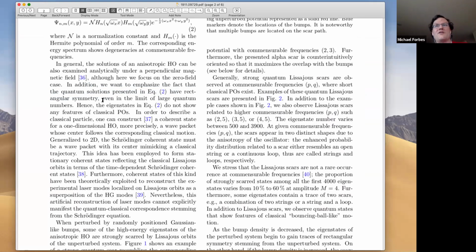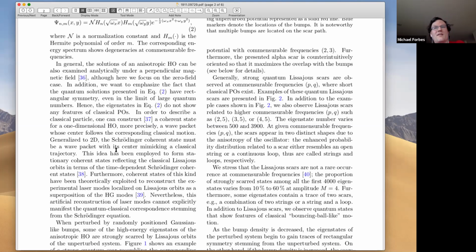Hence, the eigenstates of 2 do not show any features of classical POs. In order to describe them, one can construct a coherent state for a 1D oscillator, right? So basically a wave packet, whose center follows the corresponding classical trajectory, right? So the Schrodinger coherent state must have a wave packet with its center mimicking the classical trajectory.